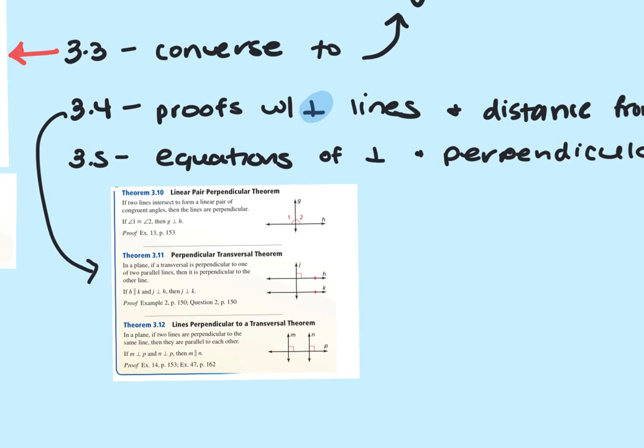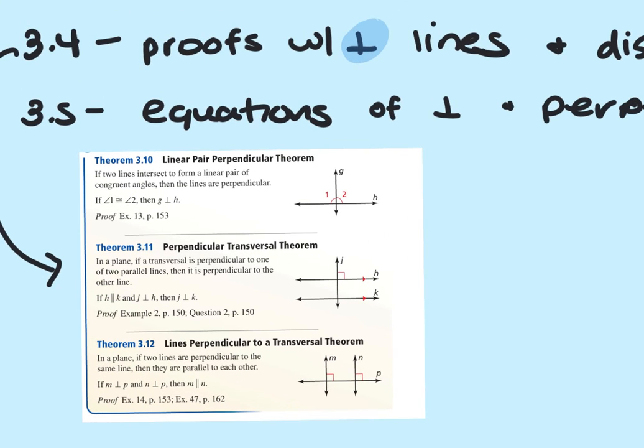3-4 added the 3 other theorems that are used with perpendicular lines, and that is the linear pair perpendicular theorem that says that if 2 angles form a line and are congruent, that those 2 lines would be perpendicular. Then the perpendicular transversal theorem that says if a line is perpendicular to one of 2 parallel lines, then it's perpendicular to the other.